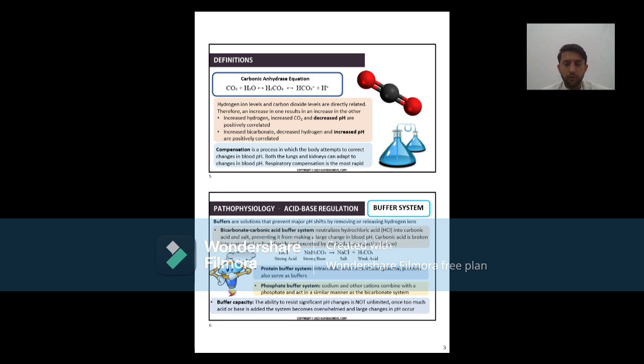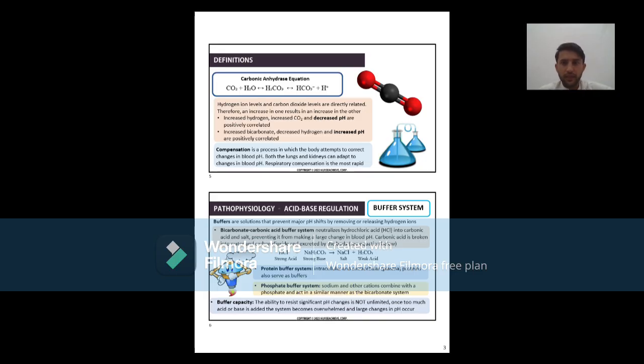Intracellular, we have hemoglobin, and extracellular, we have albumin. The intracellular hemoglobin is the most important intracellular buffer.